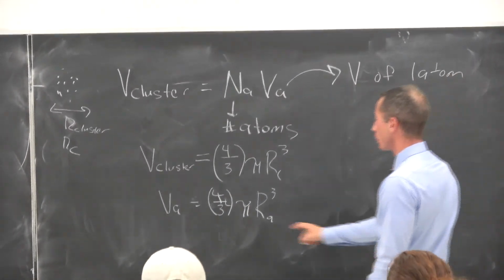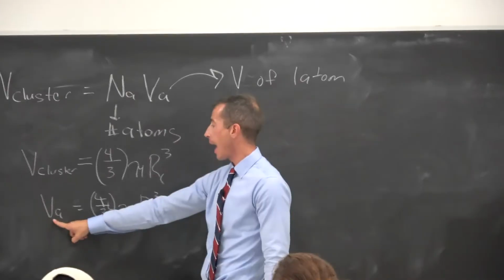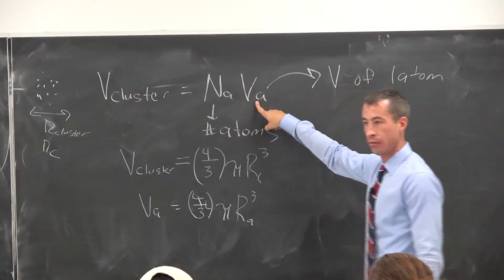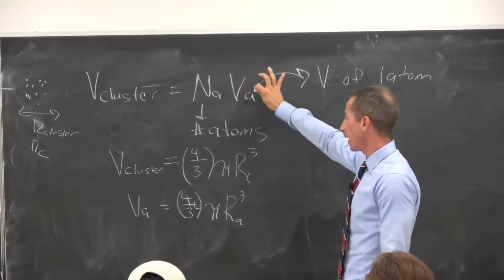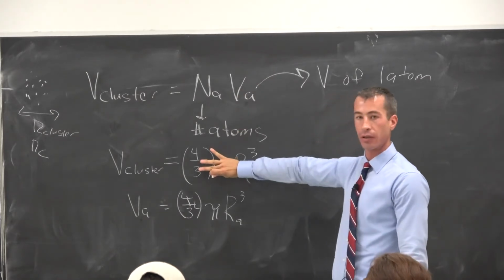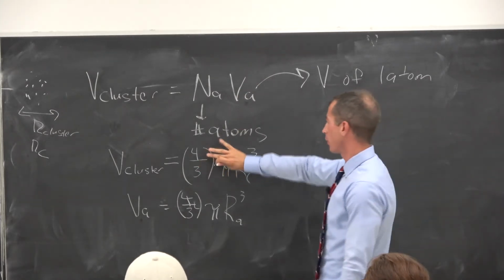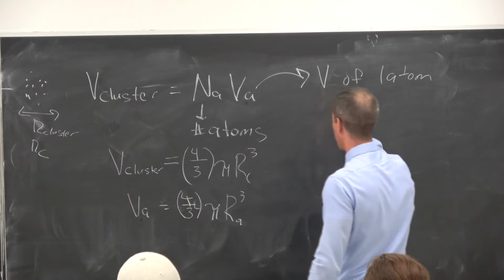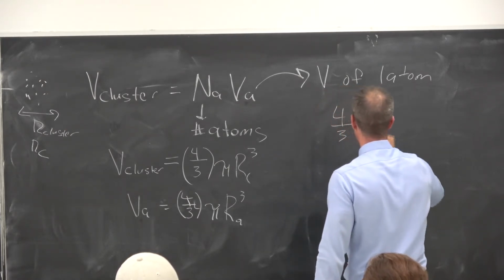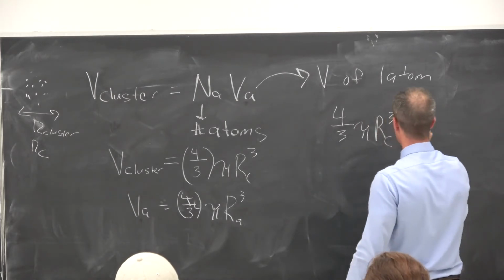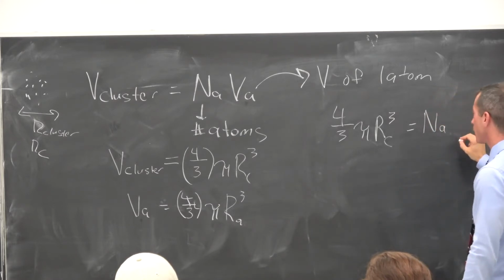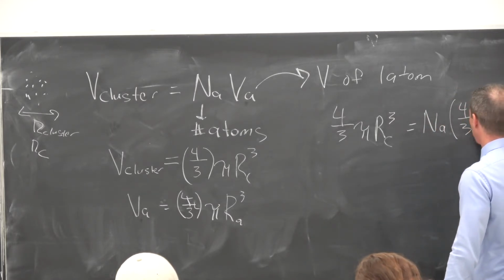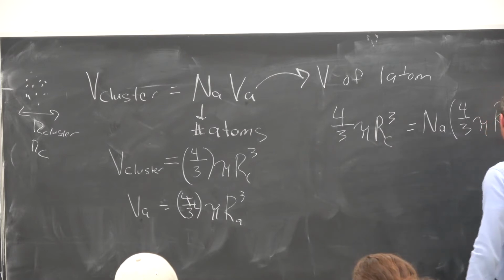Okay, so then what we can do is substitute the volume of the atom into here, and have this expression for the volume of a cluster, and set that equal to the other expression for the volume of a cluster. Make sense? So we're going to say 4/3 pi radius of the cluster cubed equals Na, number of atoms, times 4/3 pi radius of the atom cubed.